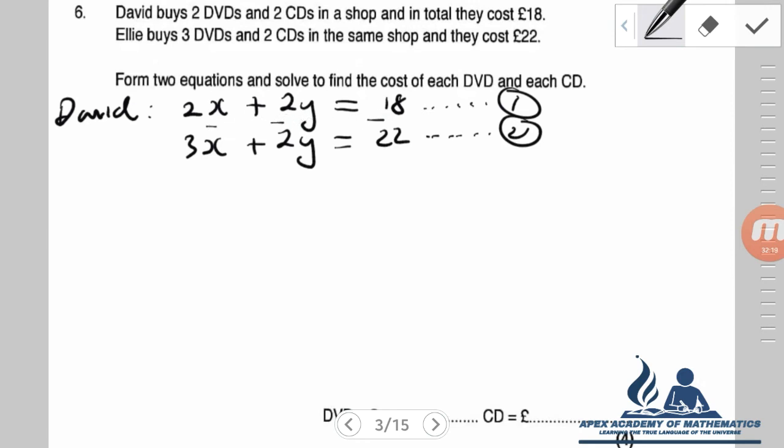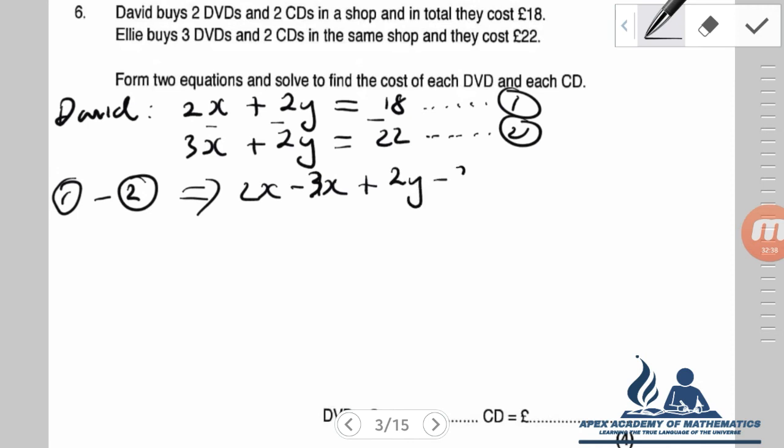So we have 2x minus 3x, plus 2y minus 2y, equal to 18 minus 22. 2x minus 3x gives us negative x, 2y minus 2y is 0, and 18 minus 22 gives us negative 4.